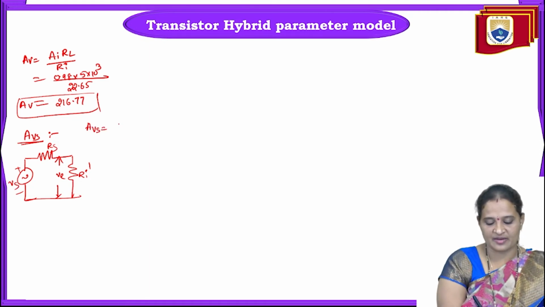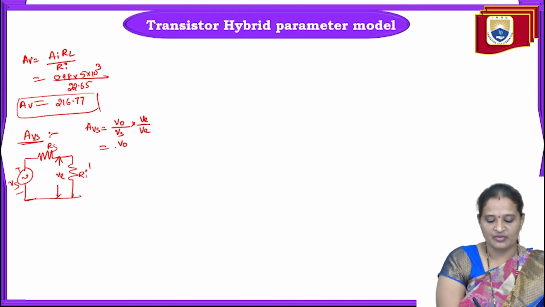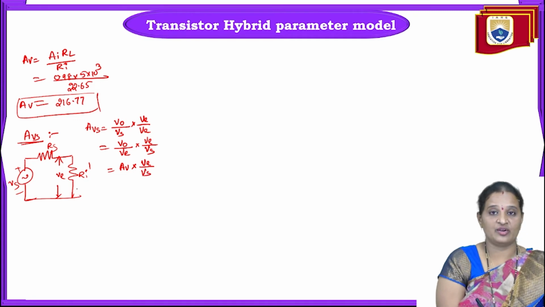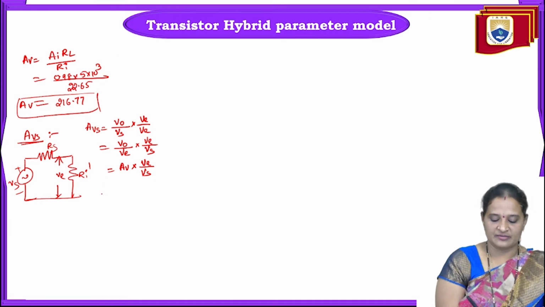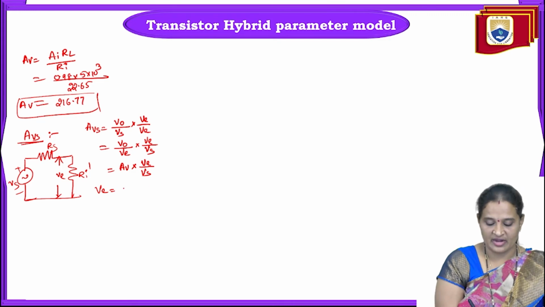First of all, AVS can be written as V0 divided by Vs, and I am multiplying and dividing this by VE. So V0 by VE into VE by Vs. Here V0 by VE is AV, into VE by Vs. Now I want to find VE by Vs. According to the potential divider principle, VE is equal to the input voltage into RA dash divided by RS plus RA dash.